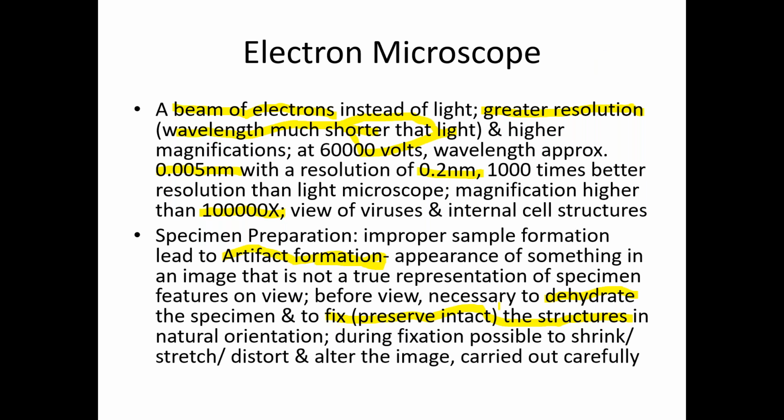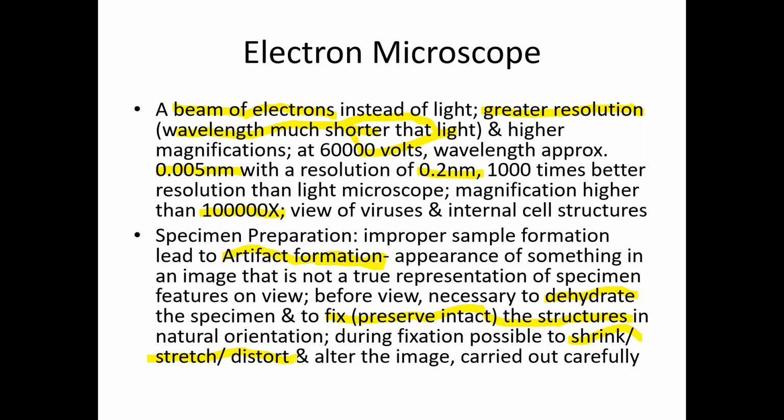Fine. So here we are dehydrating the specimen, then fixing the specimen in order to make sure all the microbial structures are present intact. Now see, during fixation, it is possible to shrink or stretch or distort. So all those things we have to make sure are not happening. Shrinking, stretching and distortion of the specimen can happen.